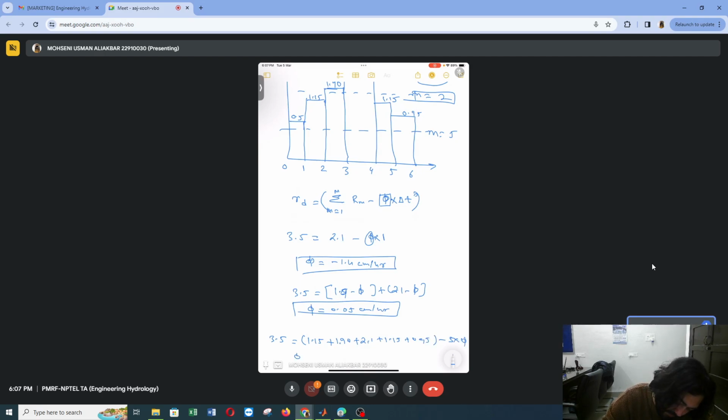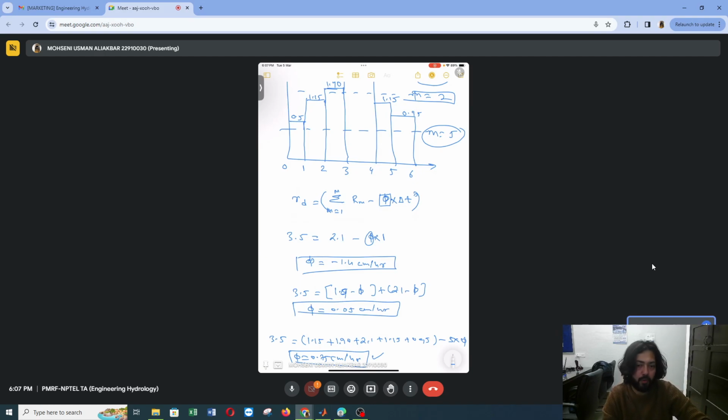If we calculate this, the phi value is coming as 0.75 centimeter per hour. So if we take this case where m is equal to 5, and the phi index value comes between 0.5 and 0.95, the assumption is right. So we can say that the value of phi index is 0.75 centimeter per hour.